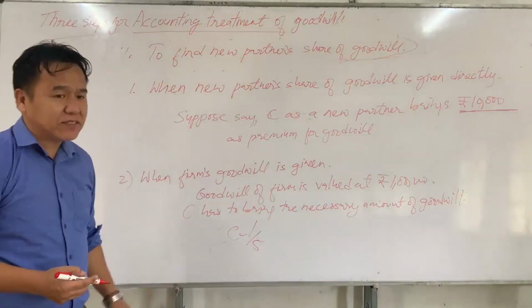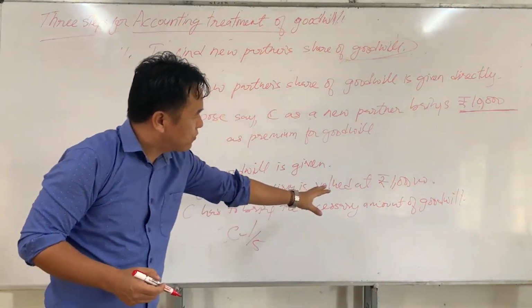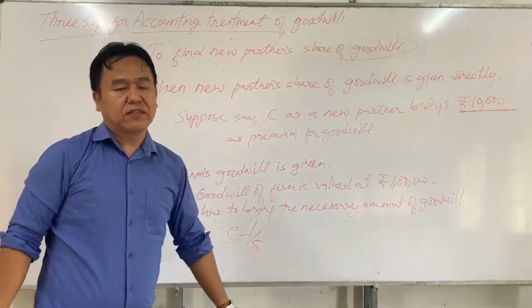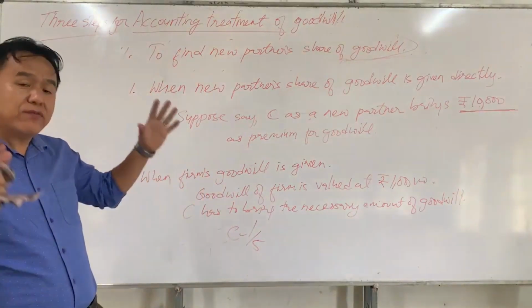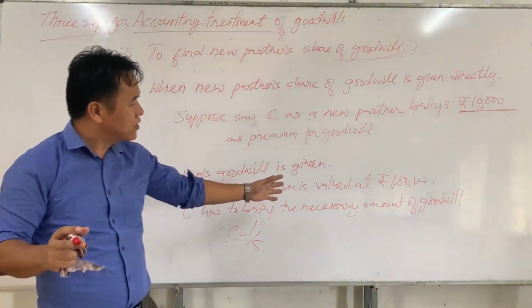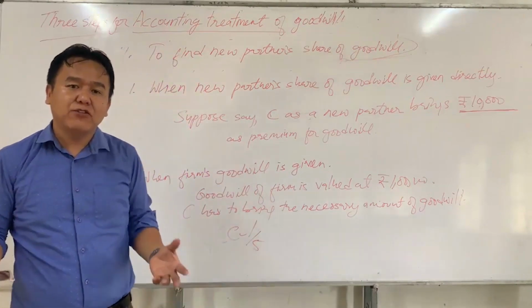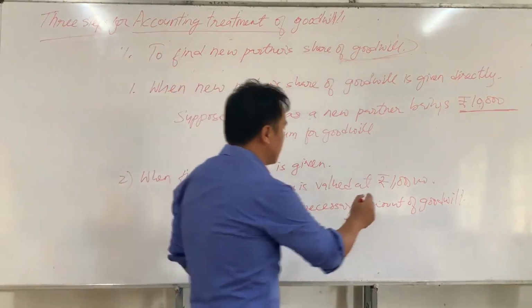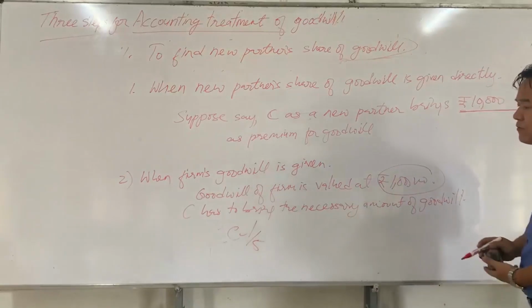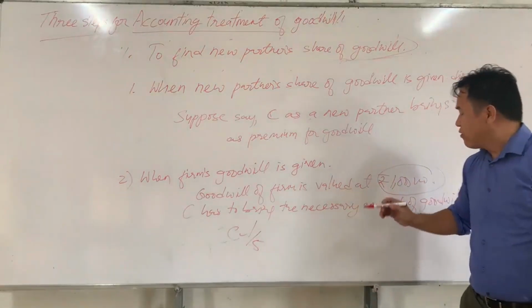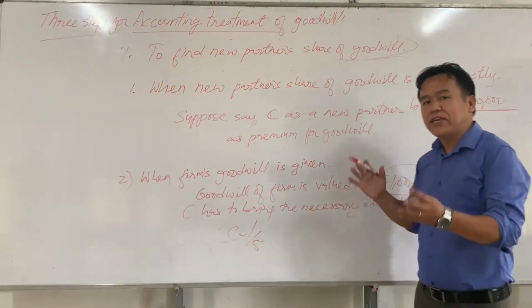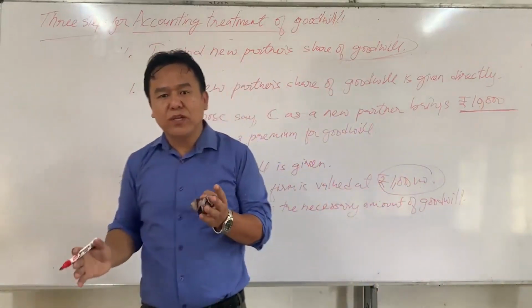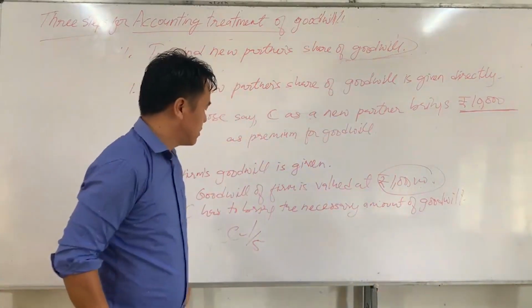So in this question, the new partner's share of goodwill is not given. So here we have to find the new partner's share of goodwill. Obviously, we find it from the firm's goodwill. Normally we calculate the new partner's share of goodwill on the basis of the firm's goodwill.